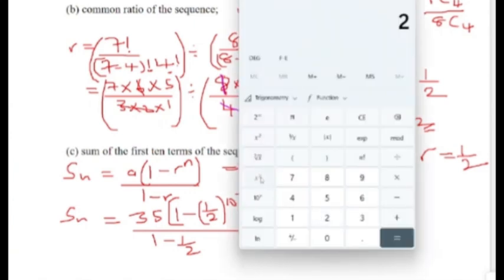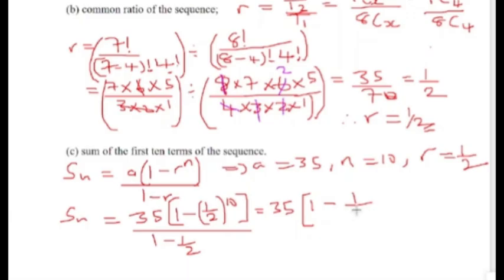That's 1024. Everything divided by the denominator. Now let's solve the denominator. The LCM here is 2, so it's going to be 1 minus half, which is half. It's still divided by half. Good. So here we simplify. It's going to now be 35.